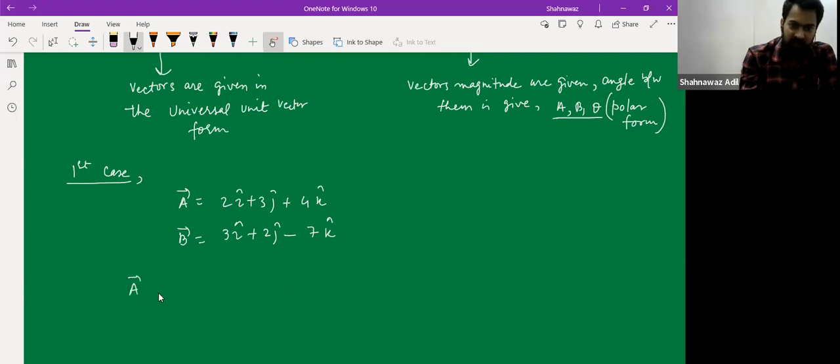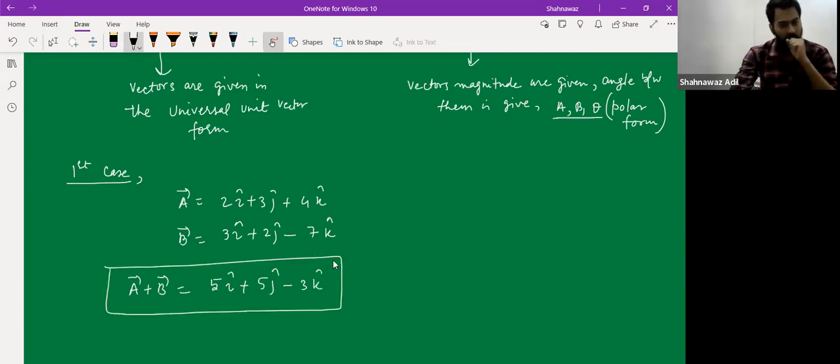A plus b would be simply 2i plus 3i, which would be 5i, and 3j plus 2j would be 5j, and 4k minus 7k would be minus 3k. So addition is simple in the case of the universal unit vector form.